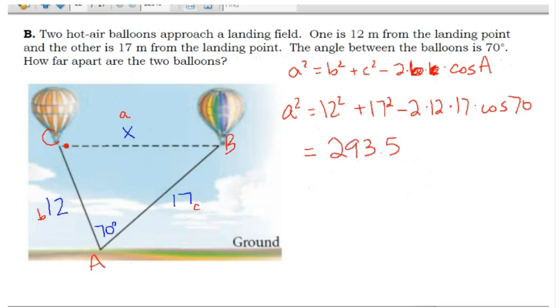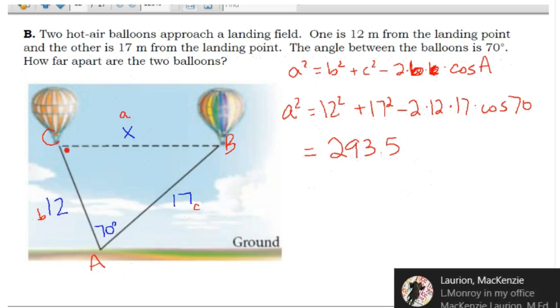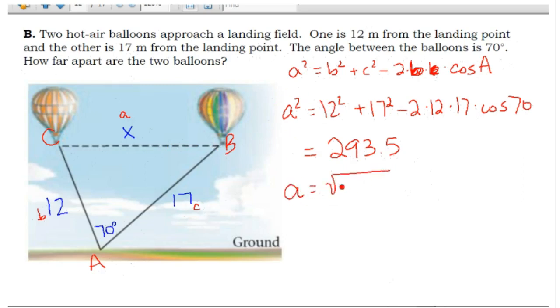Now remember, this is not 293 meters long. This solved for A squared, so to get A, we have to do the square root. The square root of 293.5 is 17.1 meters.